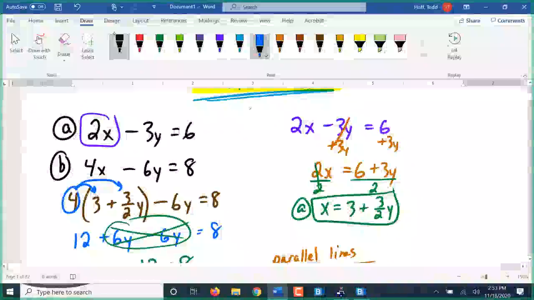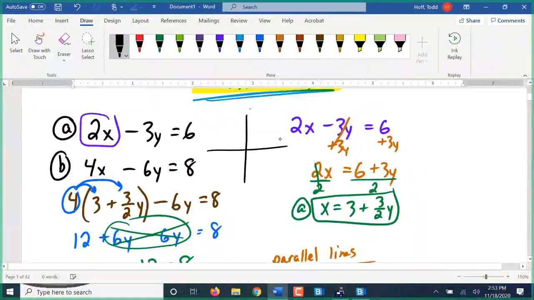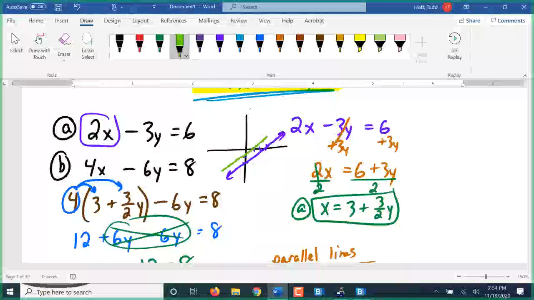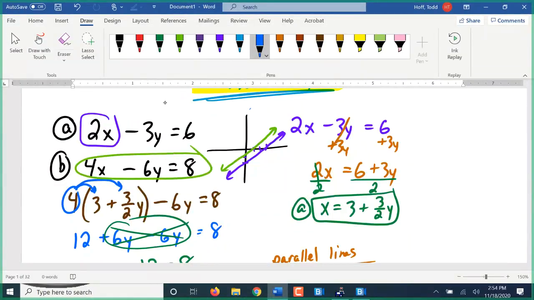These two lines on the graph would look something like this. So they never intersect on the graph. They're parallel lines. So there can't be a solution for those.